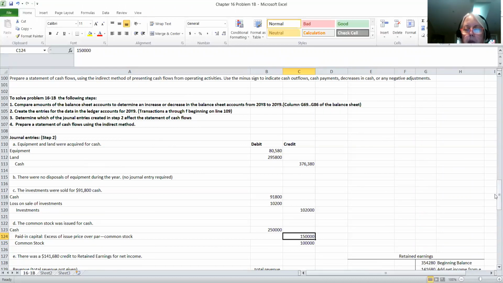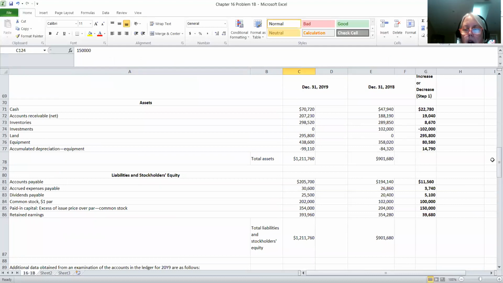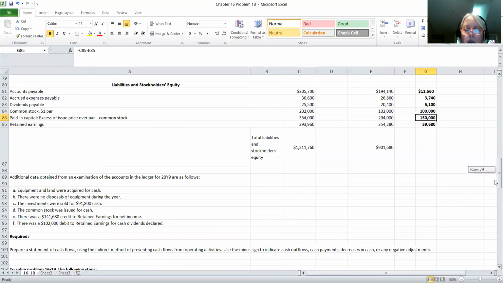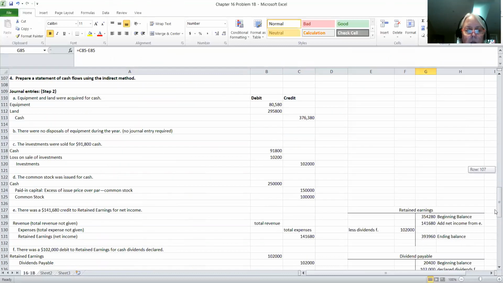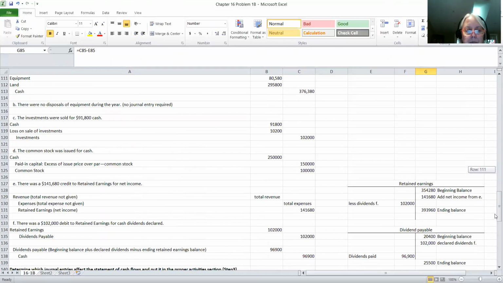Our paid-in capital also was the result of the sale of the stock. Paid-in capital just means we paid more than the par value of the stock. The amount that we paid over the par was $150,000. So that was credited to the paid-in capital in excess of par on the common stock.